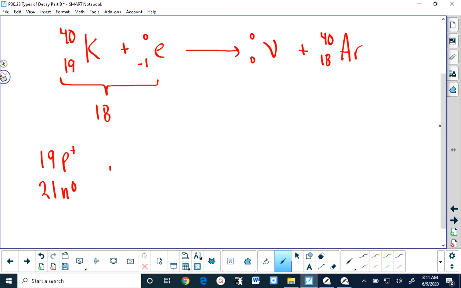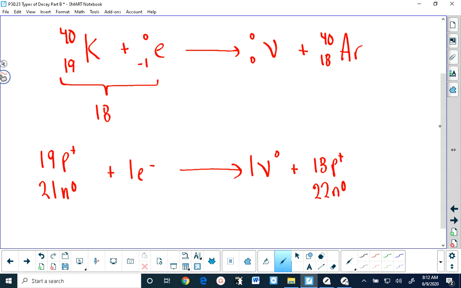We also have one electron, and what we produce is one neutrino, and then in the argon, we have 18 protons. To find the number of neutrons in the argon, I'm going to take 40 minus 18, and I get 22 neutrons.